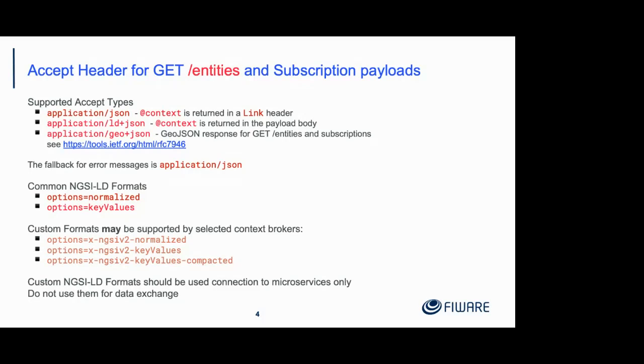Fine, not a problem. The third format is an output-only format, and it's application/geo+JSON, which is the MIME type for GeoJSON, funnily enough, and it's only supported for a subset of types. It is only supported for getting entities and getting subscriptions.